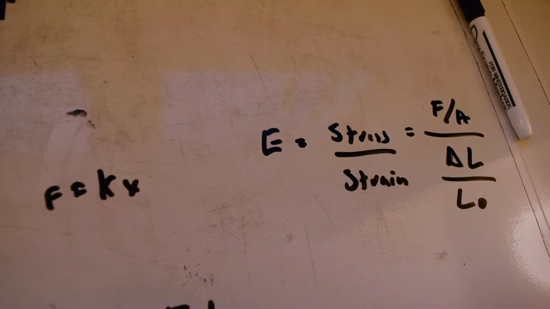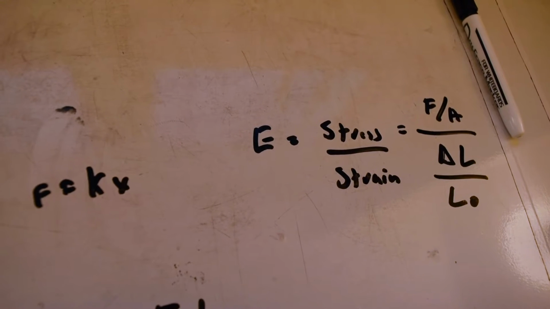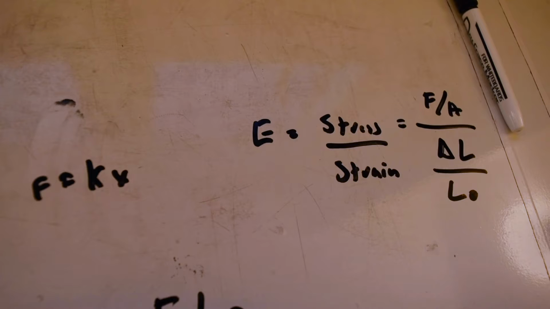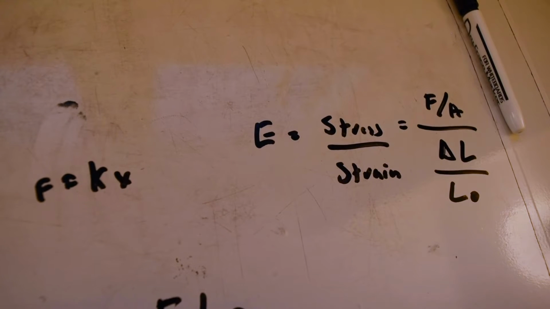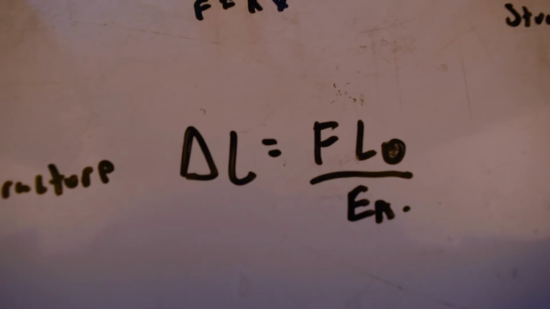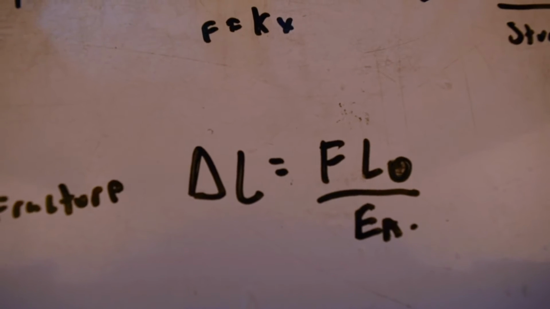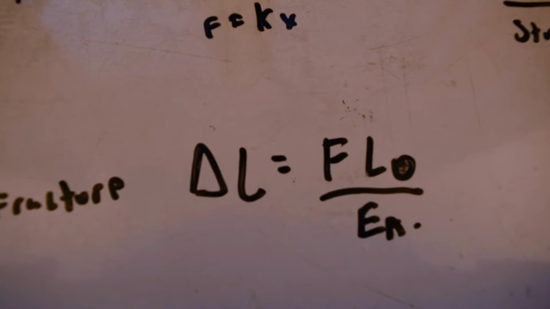Strain is defined by the change in that specific material's length over the initial length of that material. When you rearrange this equation, you get delta L equals F times the initial length times the elastic modulus.